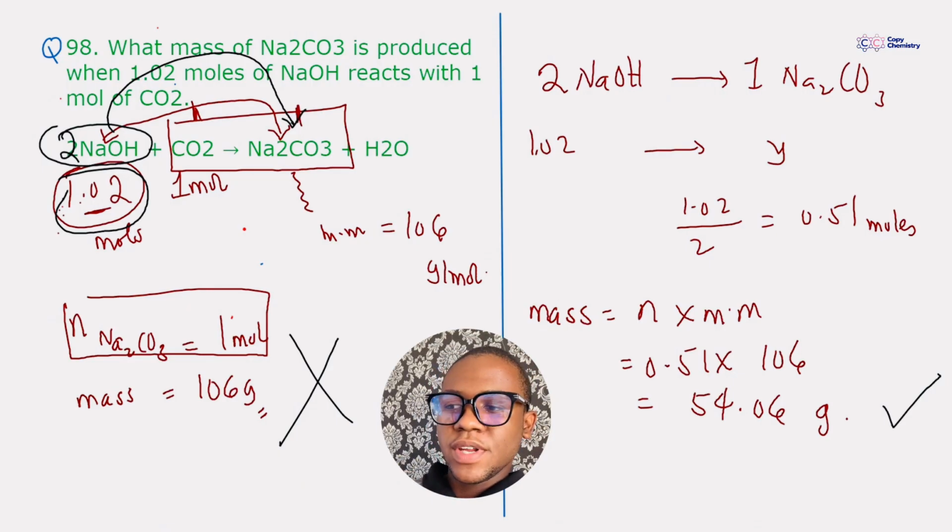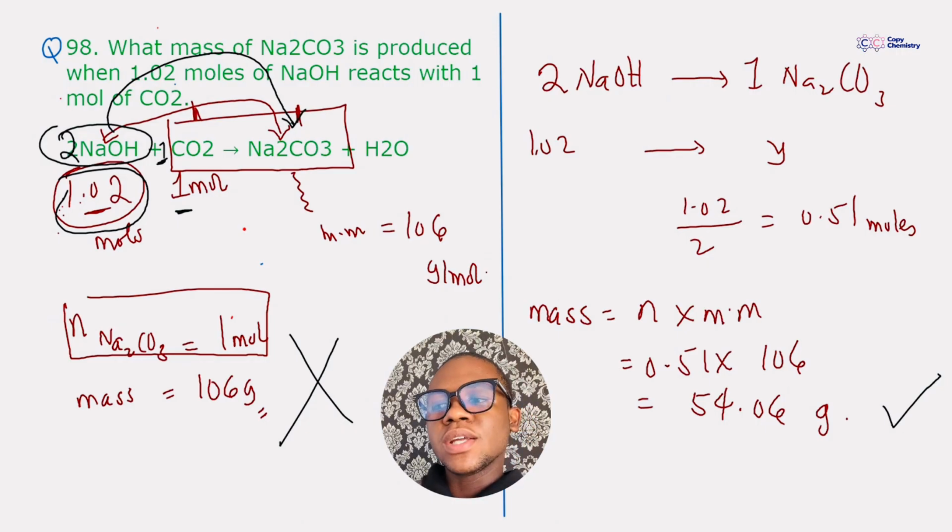So 1.02 divided by 2 will give you 0.51, whereas 1 divided by 1 in front of the CO2 here will give you just 1. If you compare 0.51 and 1, you'll notice that 0.51 is a smaller rate. That's the ratio we've been talking about. So 0.51 is the smaller one, which means that is the limiting reagent.